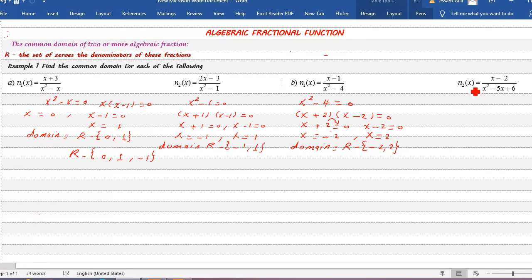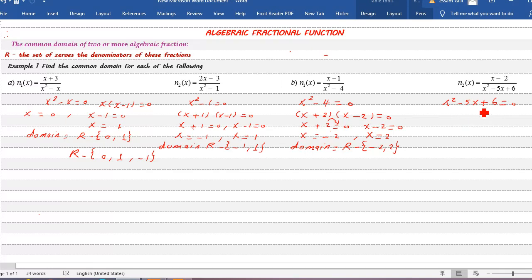n of x, n2 of x equals x². n2 of x equals (x minus 2) over (x² minus 5x plus 6). Find the domain of this function. First, put x² minus 5x plus 6 equals 0. Why? To find the set of zeros of the function.